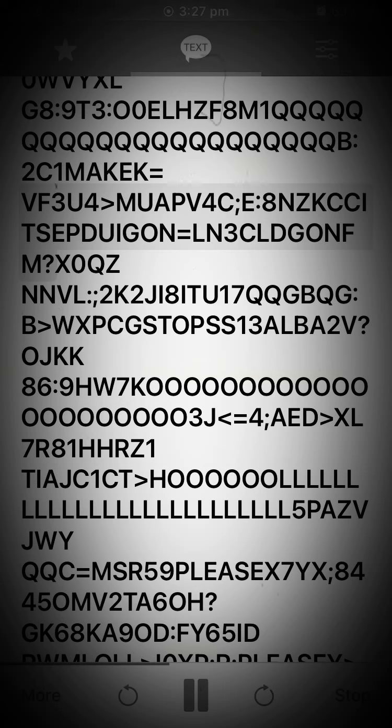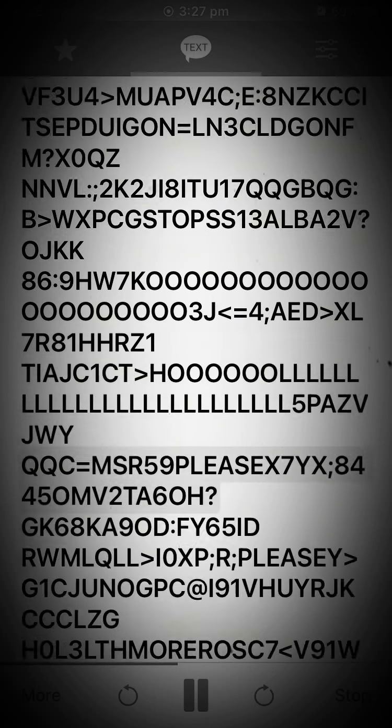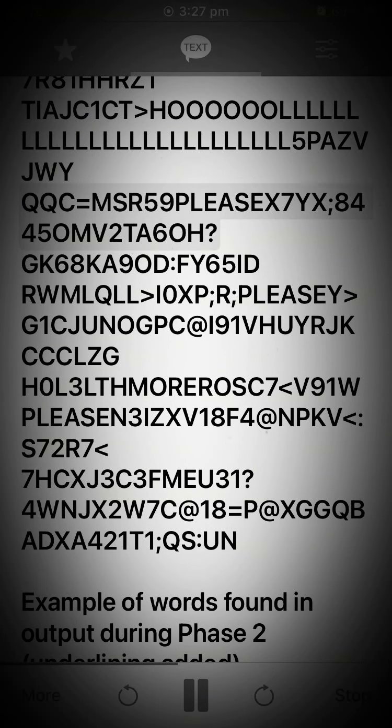E8 Nsksidsept Duigan equals LN3 Klodshon X0QZ. NNVL semicolon 2K2G8 to 17 QQGBQG. B. Wxpg stops 13 Alba 2V. Ojk. 86. 9HW7 Q3J. Equals 4. ED. XL7R81HHRZ1. Shiajk 1CT. Hool 5 Pazvjwi. QQC equals MSR 59 Plesec 7X. 8445 OMV2 TAR 60. GK68 CAR 9 odd. Phi 65 ID.